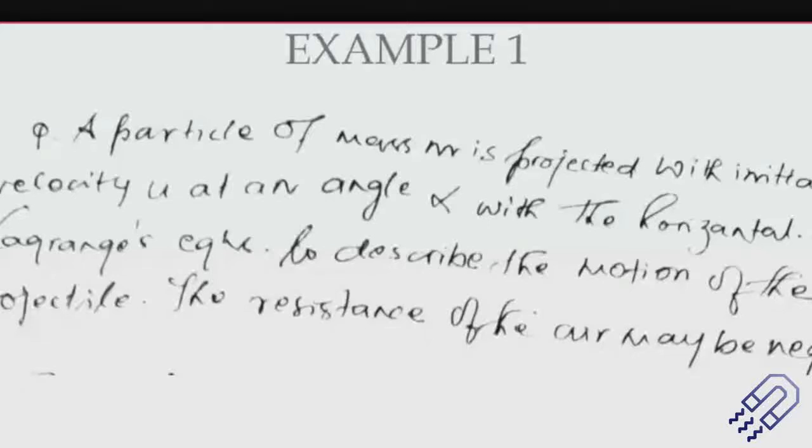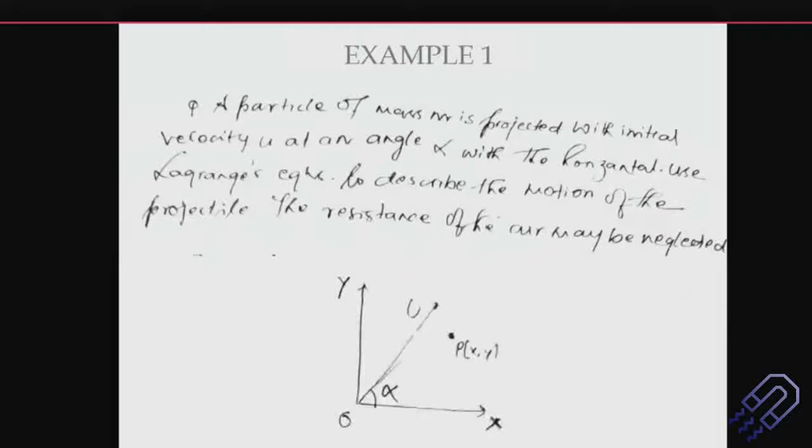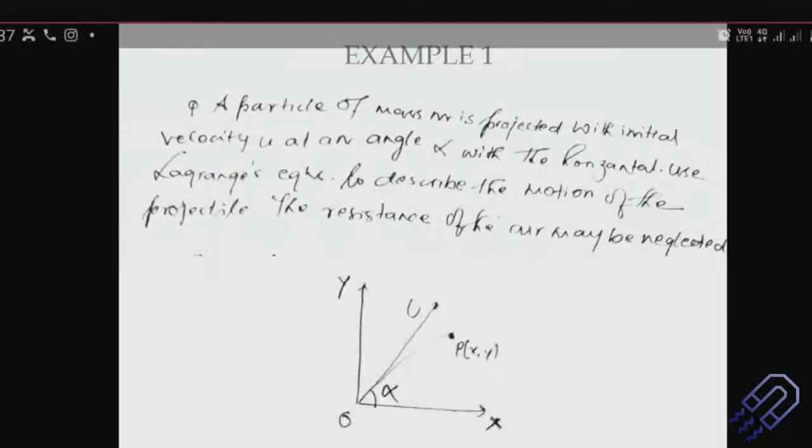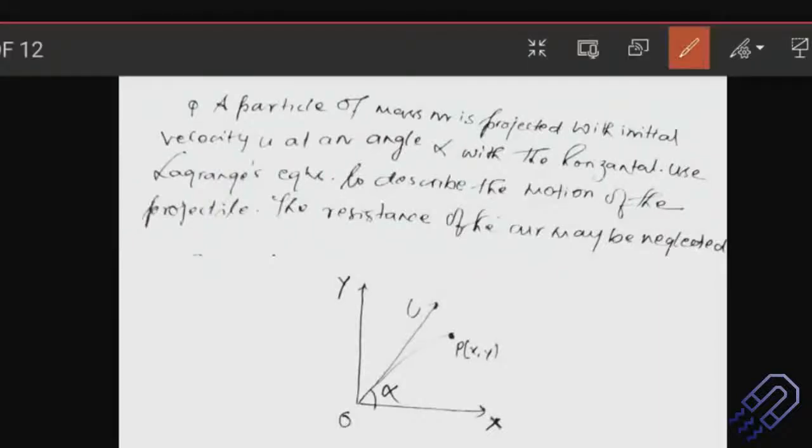If we just look into this, I think we already know that we can write it down in this way. We will have a component along this direction and a component along this direction, right? So let's say it's projected with a velocity u.